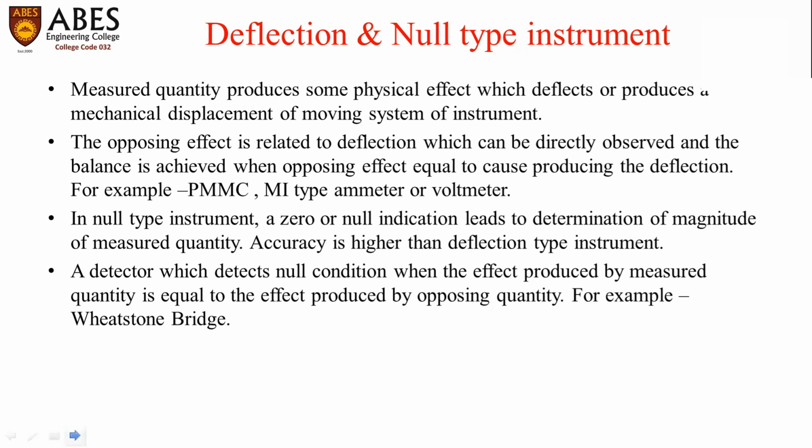Then we discussed the generalized measurement system, which collectively consists of the various instruments used for measurement for a specific application. And then we discussed the classification of instruments, absolute and secondary instruments, then deflection and null type instruments, and various types of measuring instruments used in the laboratories like electrical, mechanical, and electronic instruments.